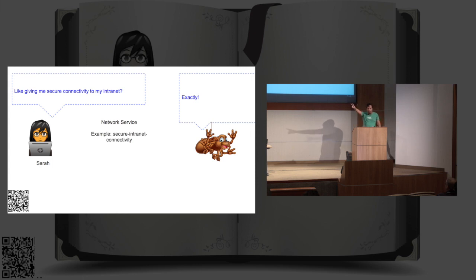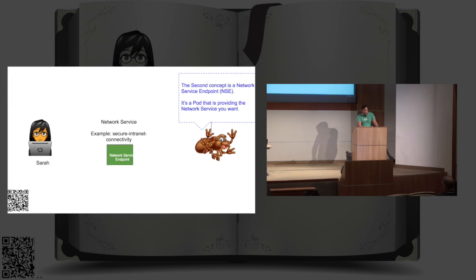So you've already been introduced to the first two basic concepts. We have three basic concepts, I guess you'd say three primitives. So the first one is the thing that you want, the network service. We call it network service itself. So in this scenario, the network service is secure internet connectivity. And that secure internet connectivity is implemented by a network service endpoint.